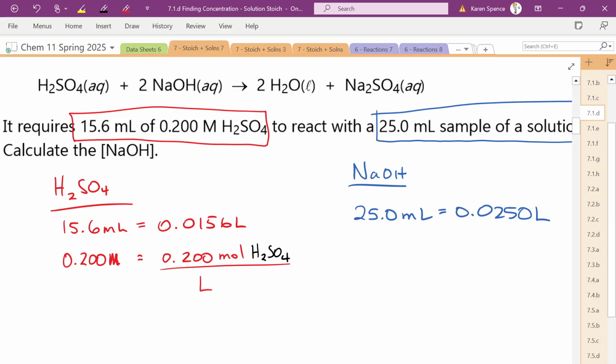Well, you look for your question word, and it says calculate concentration of NaOH. So the concentration of NaOH is what we don't know. So that means that NaOH is substance B. That is our unknown.